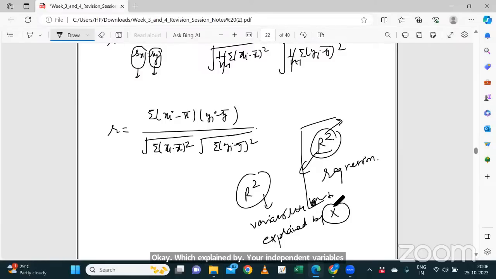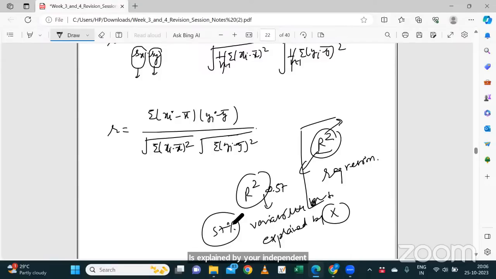Suppose R square you are getting 57.7, that means 57% of the variability in your data set is due to independent variables, explained by your independent variables. That is the meaning. We are not going to study that much depth.